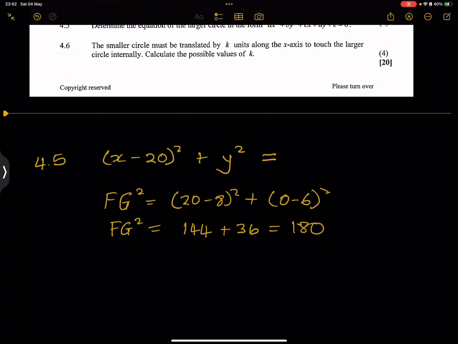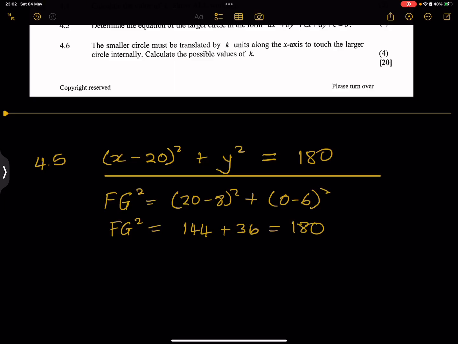So the equation of the big circle would be x minus 20 squared plus y minus 0 squared, or y squared, and this will be equal to 180. But remember, we always say the radius squared.